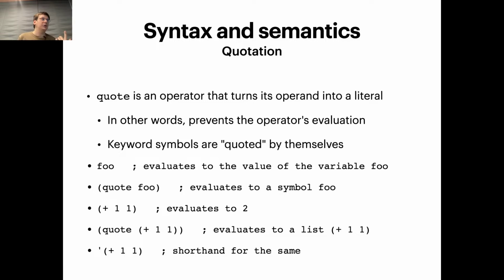But if we quote this list, we just get the list itself, not what it means. So you can say that it separates the form and the meaning of things, the form and the essence. And we have a shorthand for quote forms, a single quote like this one, and we can use it to quote things more quickly instead of writing quote every time.